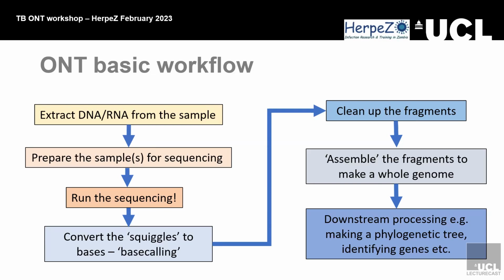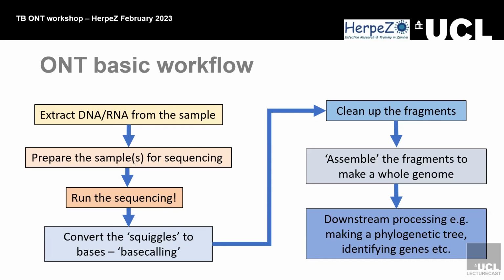For other organisms, you may do a PCR, and then from the PCR product you do the sequencing. It will just depend on what organism you're sequencing from. In our case, we're doing it from culture. We've already done the CTAB extraction for you, so you get the already extracted DNA.